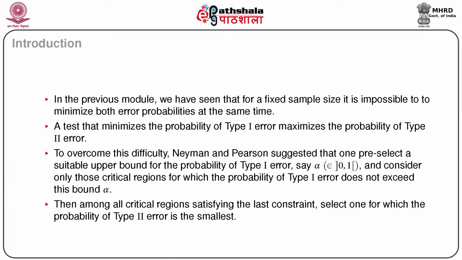Secondly, among all these critical regions, select the one for which probability of type 2 error is the smallest. This upper bound is called the level of significance of the test.